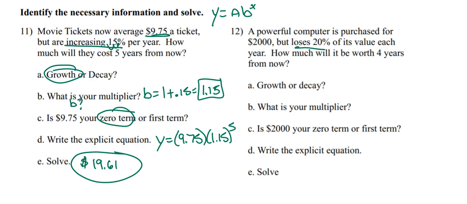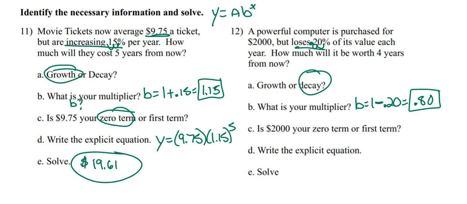It loses 20% of its value, so it's decay. My multiplier is therefore going to be b equals 1 minus 20%, which becomes 0.20. So this is 0.80. If it's 0.80, you can just put 0.8, but I'll leave it at 0.80 for now.